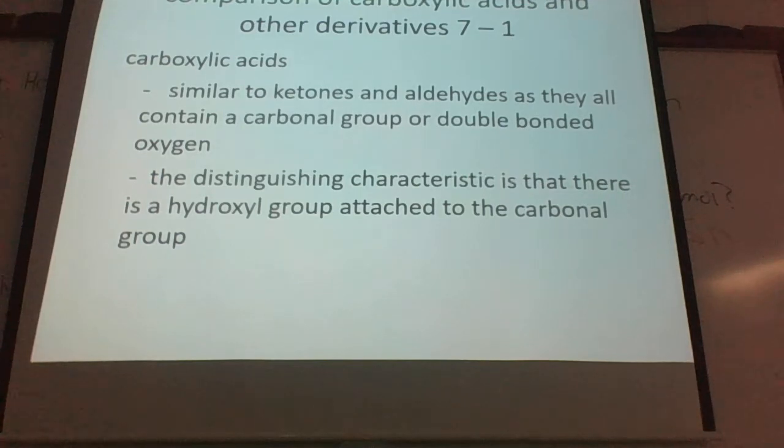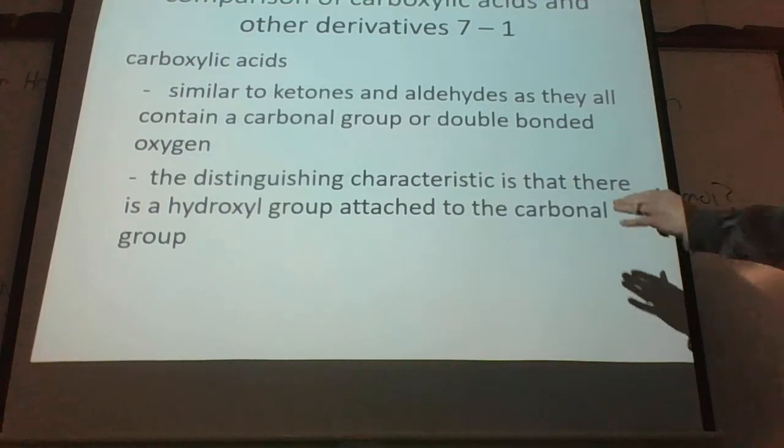So now you've got it down to either esters or aldehydes. That's correct as well. It is the aldehydes. Yes, they're most structurally similar to the aldehydes.